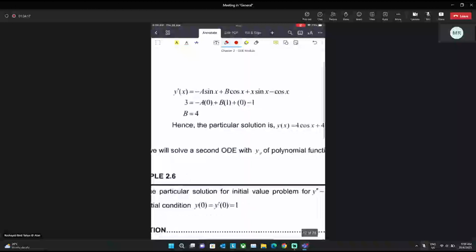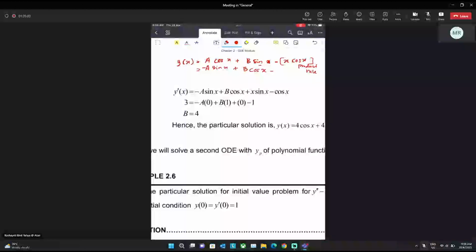Okay. Sebab tadi just now x equal to tadi modul y(x) a cos kan? A cos x plus b sin x minus x cos x. So differentiate cos x dapat negative sin x plus b sin x, differentiate sin dapat cos x minus yang ini you use product rule.